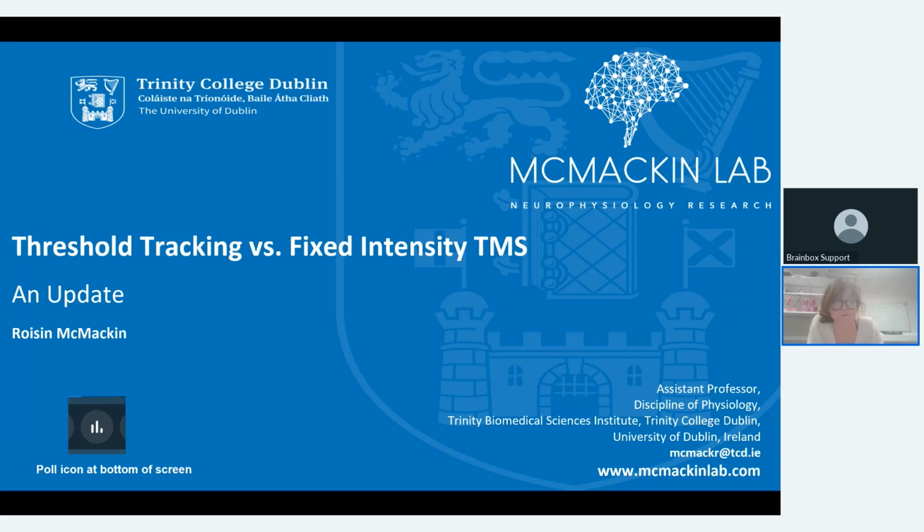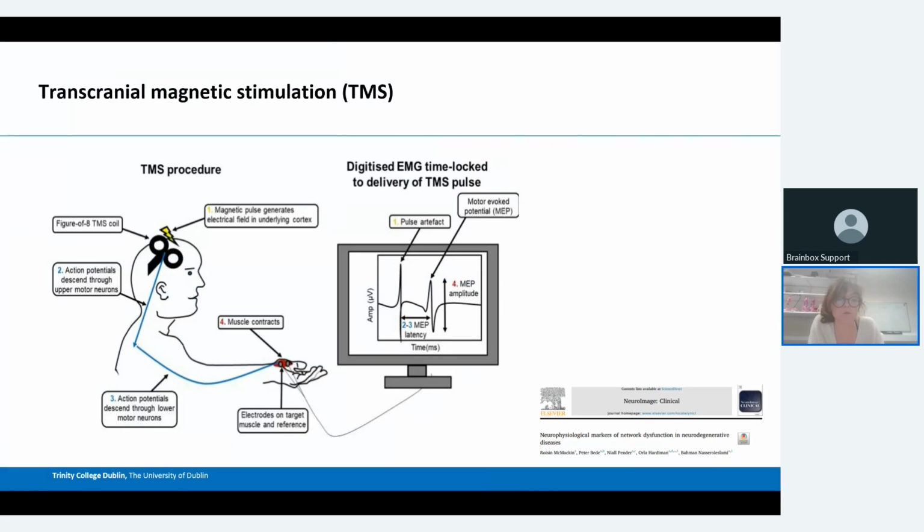So I will start off with a very quick overview of TMS. So transcranial magnetic stimulation is a non-invasive way of activating the cortex. So we're using magnetic pulses.